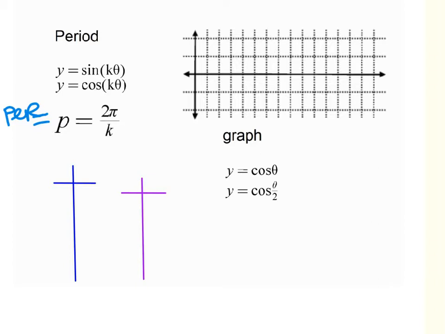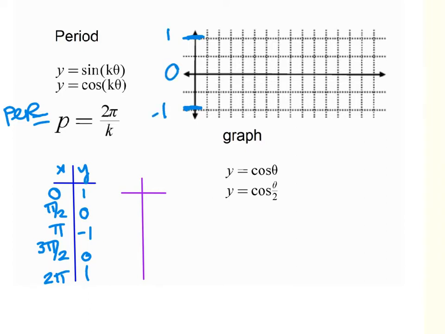So I'm going to graph cosine again. My x and my y. I'm going to graph it in blue. I'm going to have, let's see, start at 0, pi over 2, pi, 3 pi over 2, 2 pi, 1, 0, -1, 0, 1. I'm going to graph this one a little different. We've got 1 and -1, and of course this is the midline at 0.